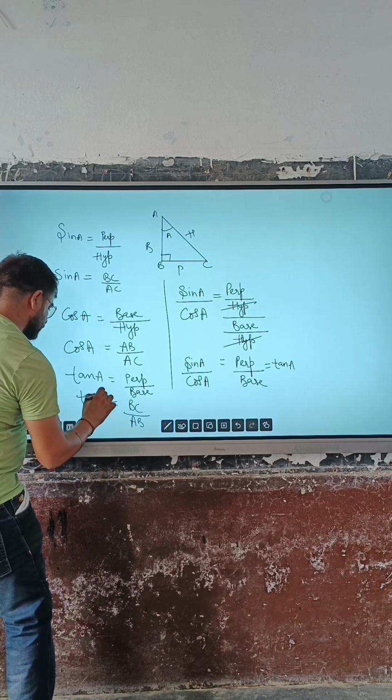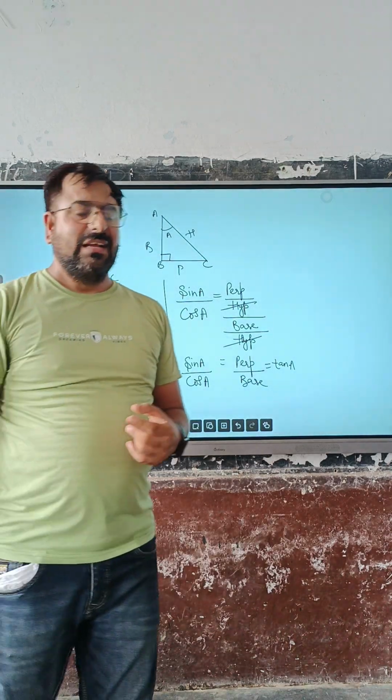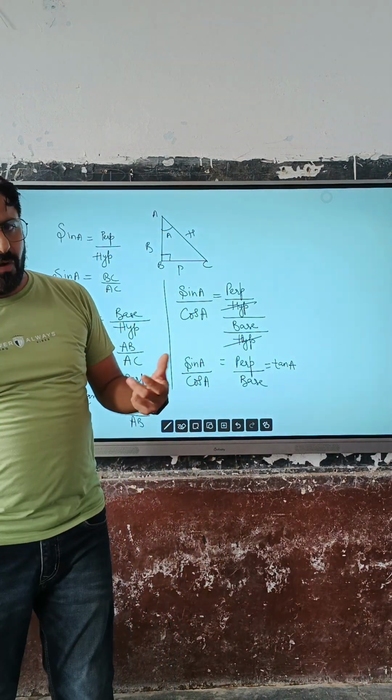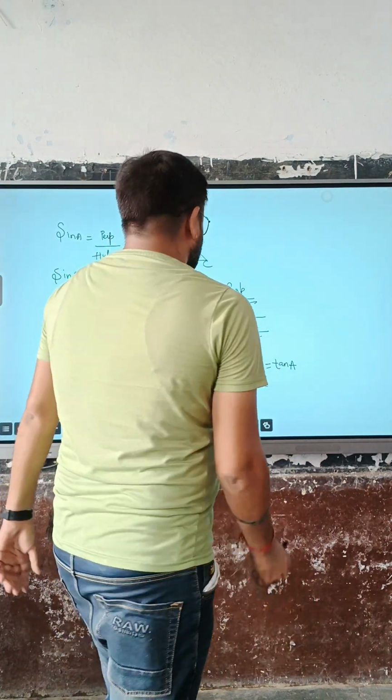So we can say that tan of angle A is equal to sin A over cos A.